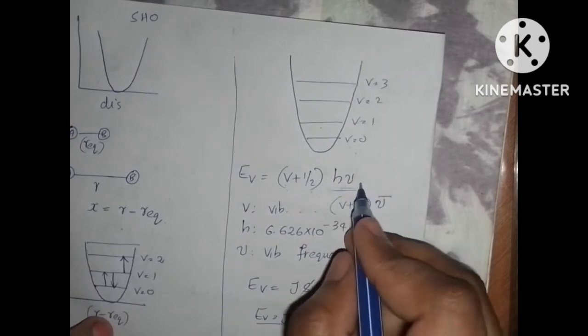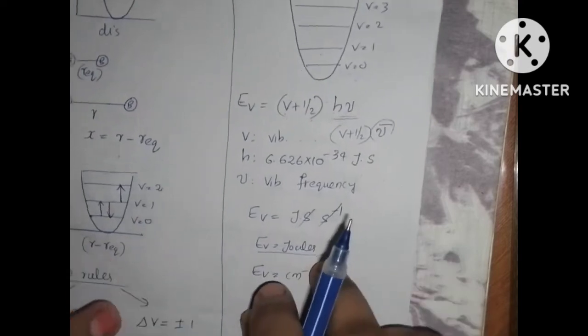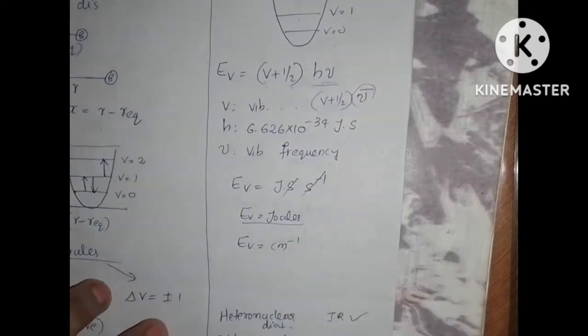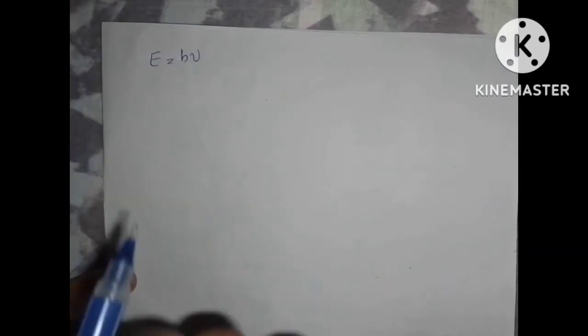This type of correlation we see only in the spectroscopy topic: energy is h nu, as we know, but in spectroscopy chapters energy is also taken as E equal to nu bar, where nu bar is the wave number, or 1 by lambda.